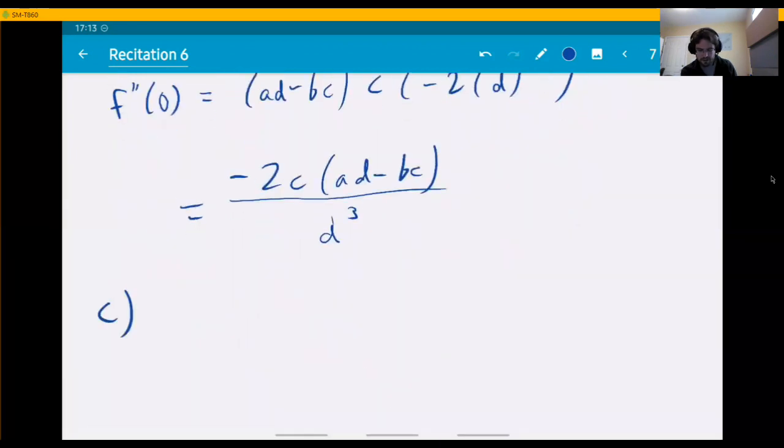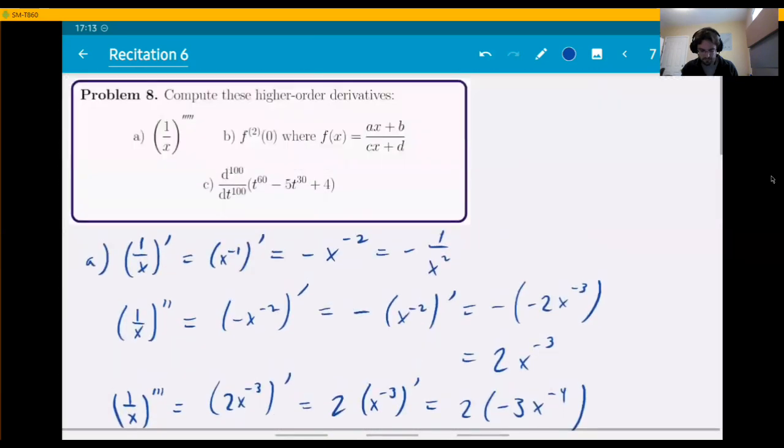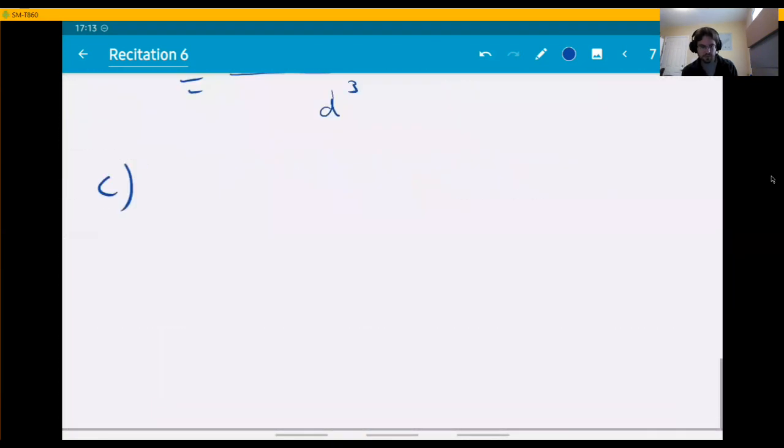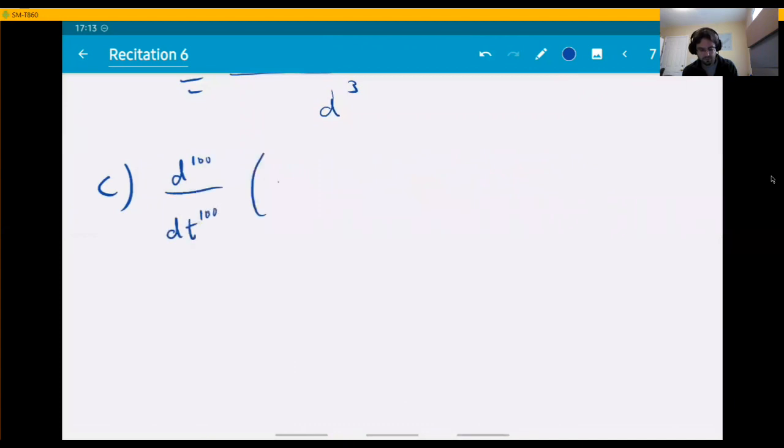Last part. All right, now the last item.